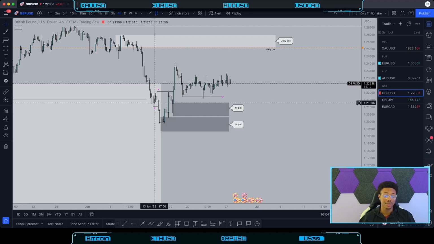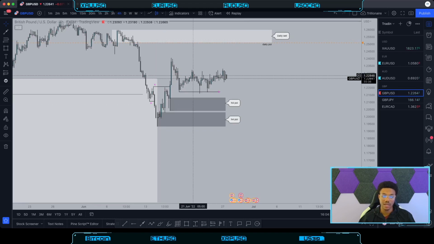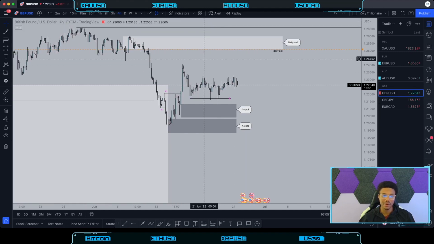And it has nothing to do with necessarily the amount of candlesticks. There are specific rules that I use to measure whether or not, even if it's 2 candlesticks, it's a valid pullback or if it's false, still within the same trend. So if you guys want that information, feel free to put it down in the comments below, and I got you. So this is our daily POI that we're looking to take sells from.